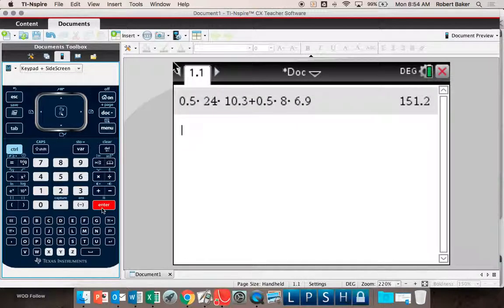It gives you a total surface area of 151.2. You get something different?